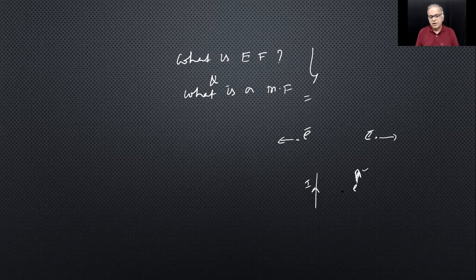A velocity depending field is the magnetic field, and velocity depending force is magnetic force. Position depending field is the electric field, and position depending force is electric force. Position is r, basically. Velocity is v bar. We'll show in future that there are two kinds of forces, therefore two kinds of fields.